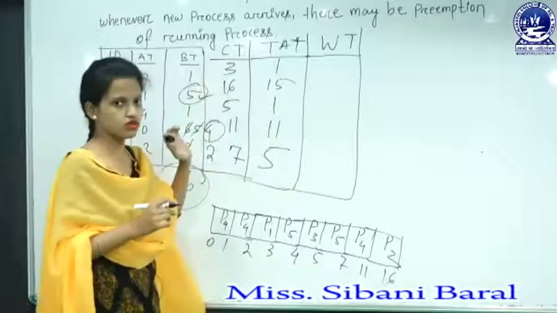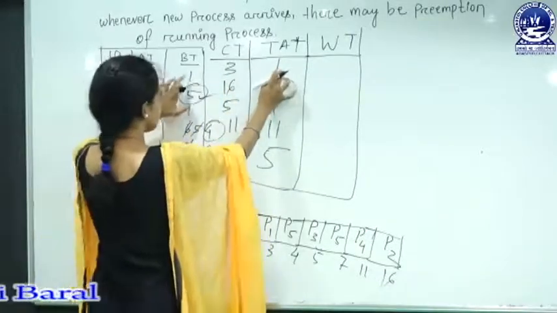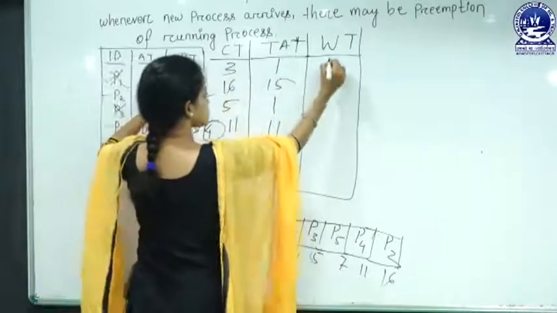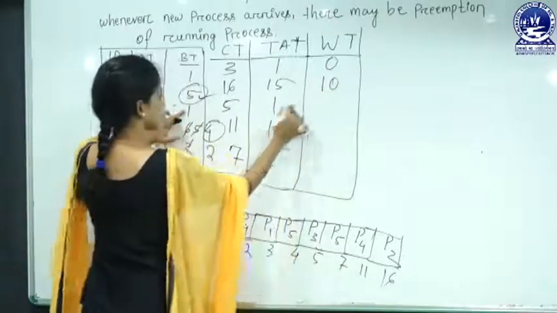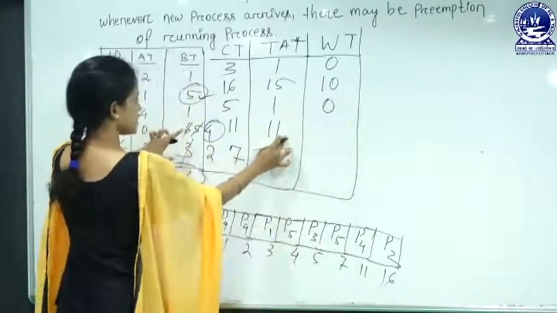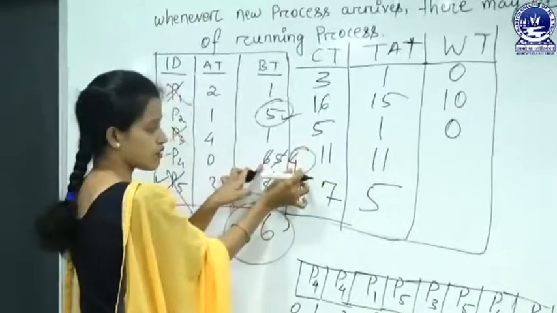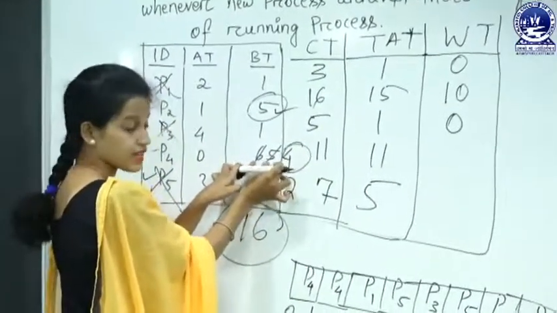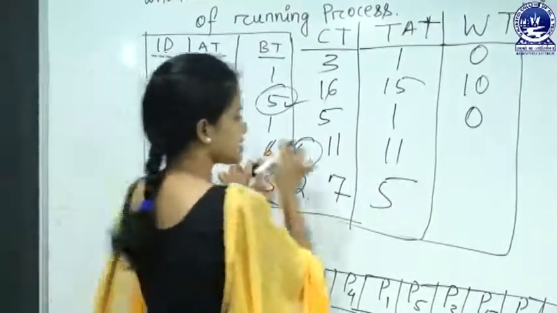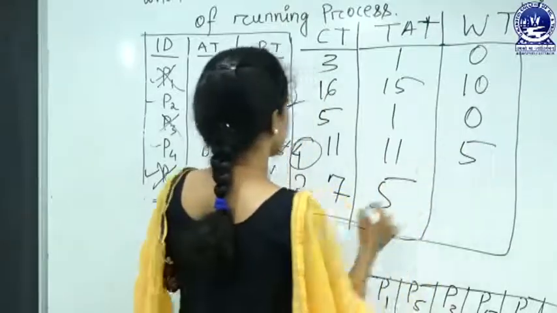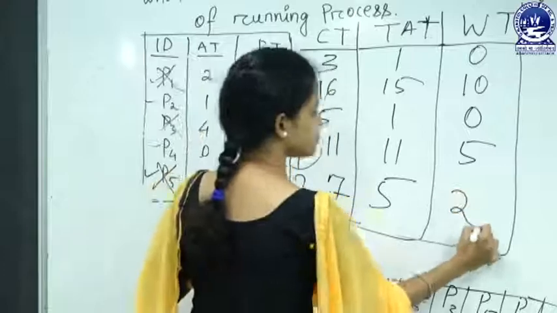Turnaround time for P1 is 1, so 1 minus 1 is 0. 15 minus 5 is 10. 1 minus 1 is 0. 11 minus 6, don't take the remaining time 4 or 5, take the actual burst time, so 11 minus 6 is 5. 5 minus 3 is 2.